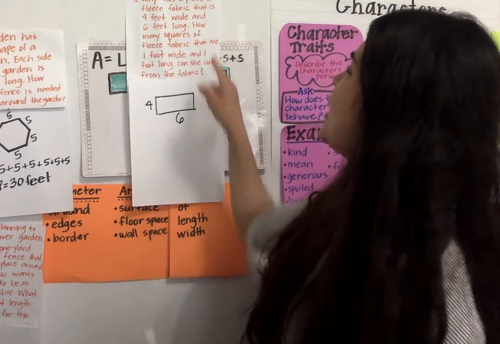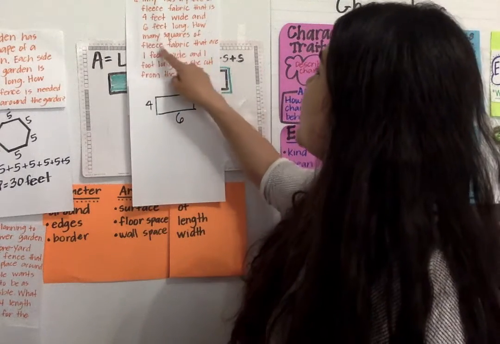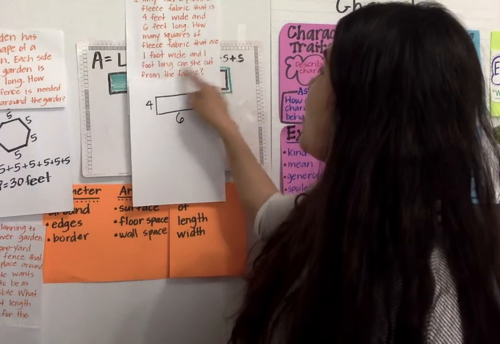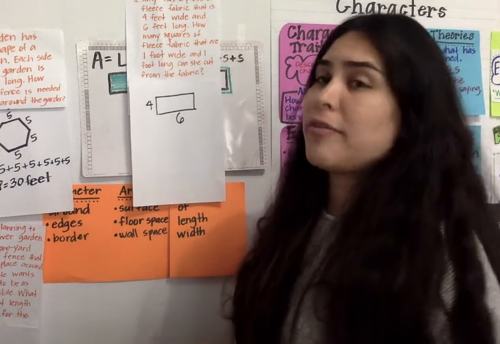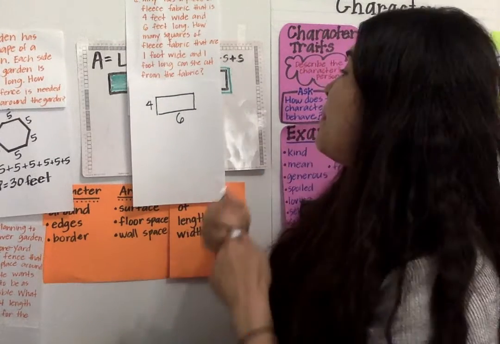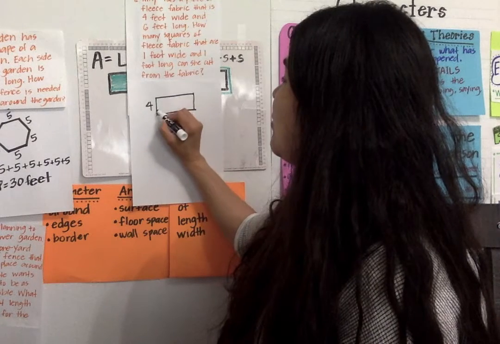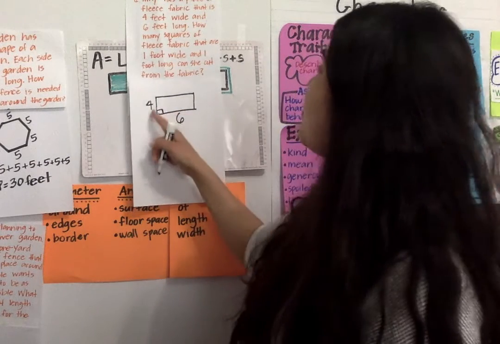How many squares of fleece fabric that are 1 foot wide and 1 foot long can she cut from the fabric? So if I have a bunch of little squares here, right?